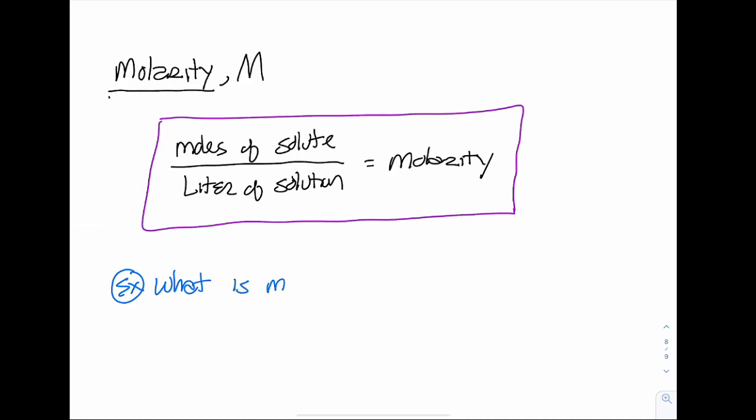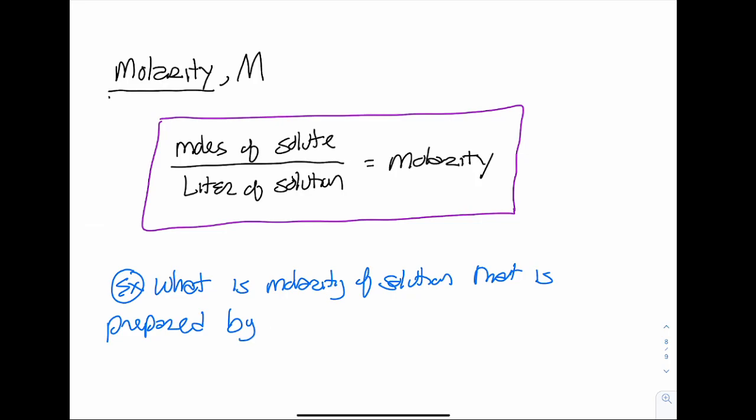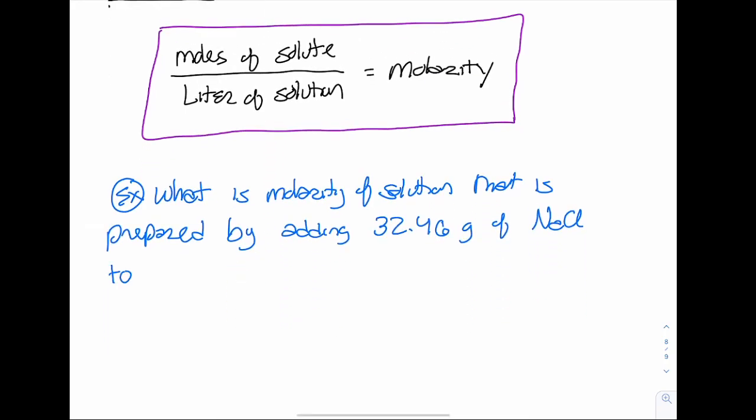What is the molarity of a solution that is prepared by adding 32.46 grams of sodium chloride to a total solution volume of 500.0 milliliters?